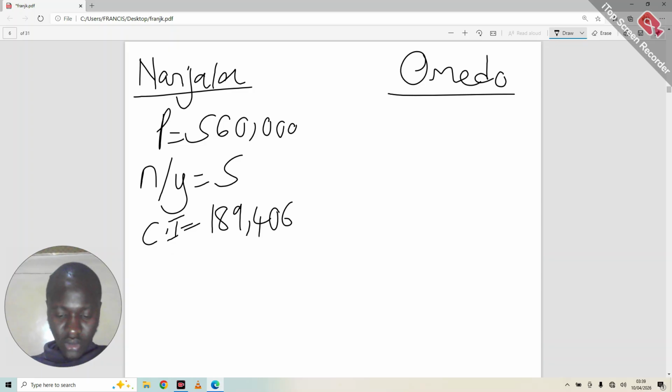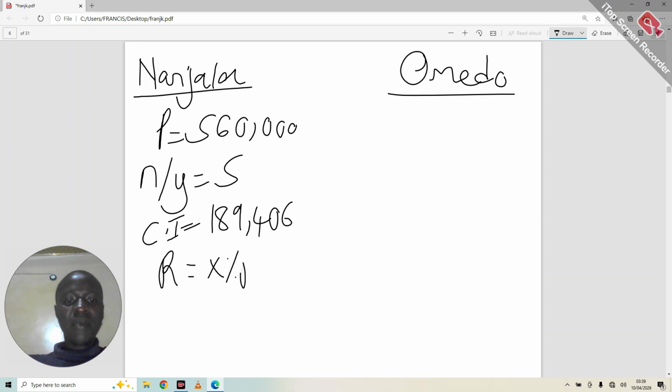Then let's continue. On the side of Omedo, we are being told Omedo invested some money in a different bank at the same rate per annum. So if Nanjala's interest rate was, let it be, X% per annum, then the very same rate is what Omedo is also using, X% per annum.